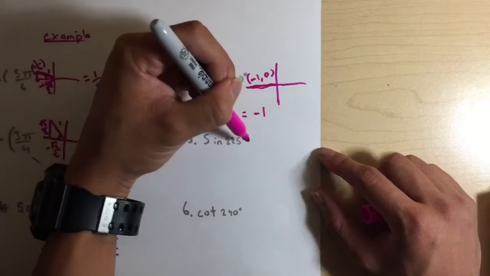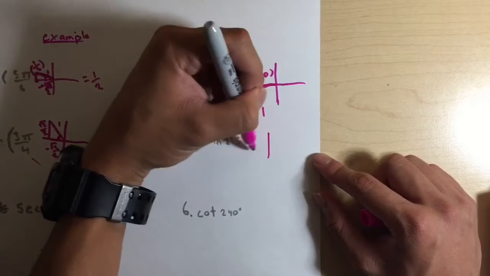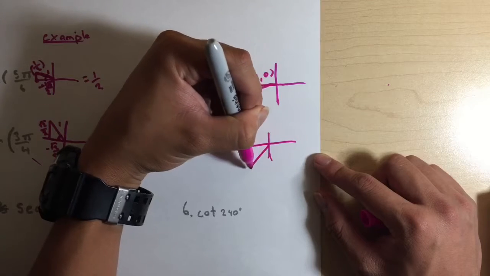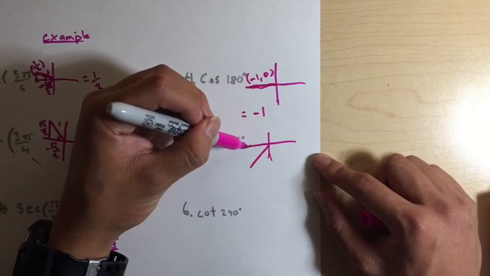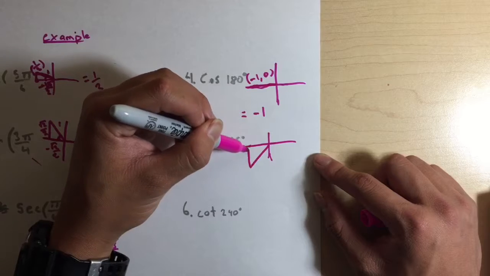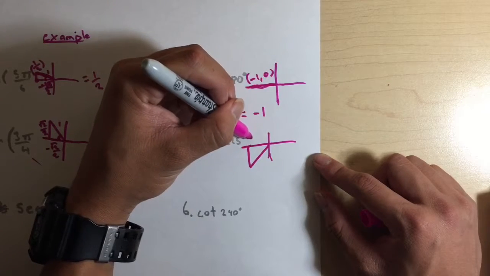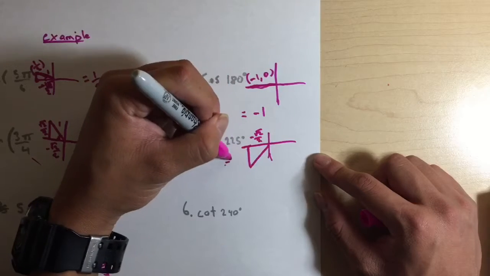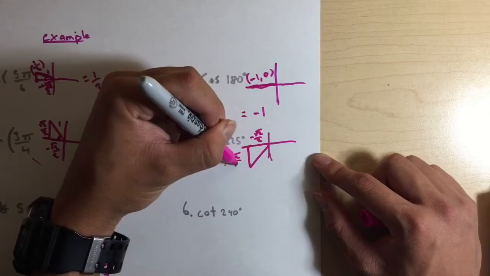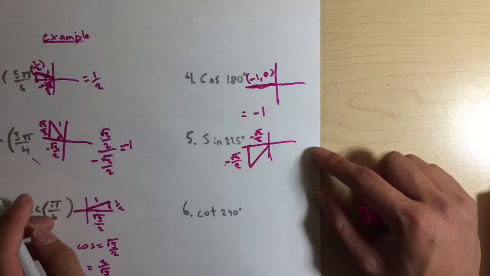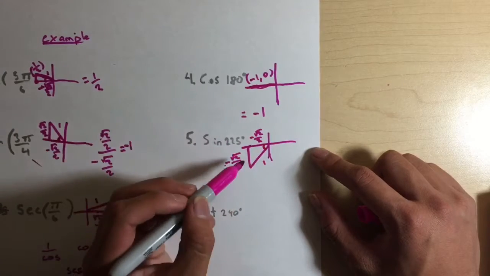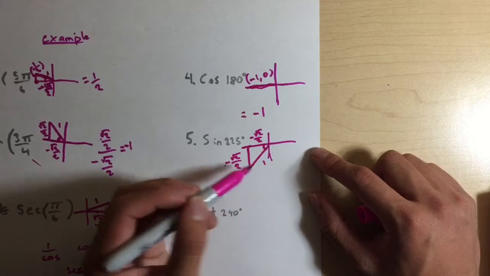For this one, sine 225, find the angle sine 225, which is right here. And this side equals negative rad 2 over 2, and this is negative rad 2 over 2. So we're finding sine. So theta is right here. Sine would be opposite over hypotenuse.